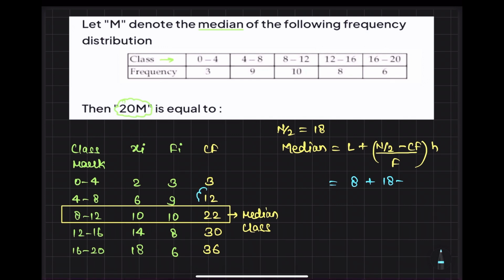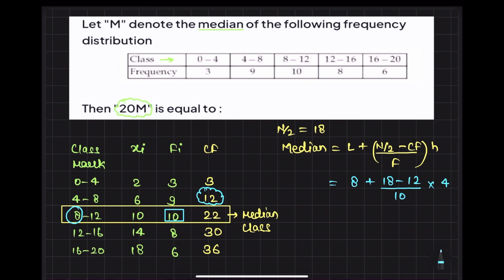So cumulative frequency you have to consider as the cumulative frequency above the median class, that is 12, upon frequency. So frequency is 10, and then height of the class. So height means gap. So 8 to 12 is 4.